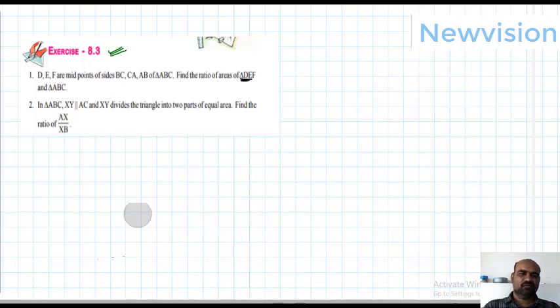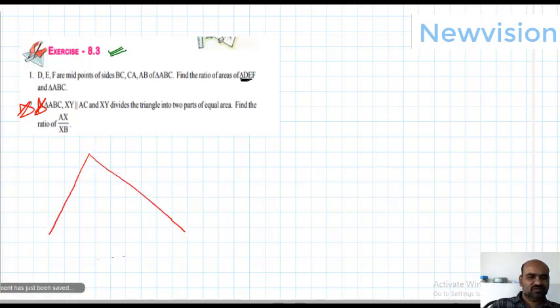Okay, so second problem: in triangle ABC, XY parallel to AC and XY divides the triangle into two parts of equal area, find the ratio of AX by XB. Student, this is a very interesting problem. I will write steps first of all. This is the triangle ABC.